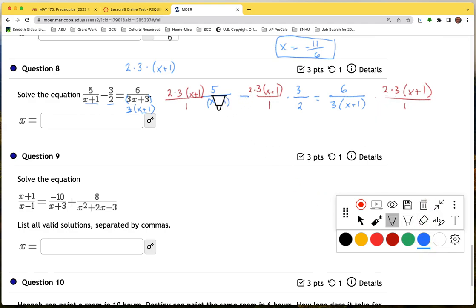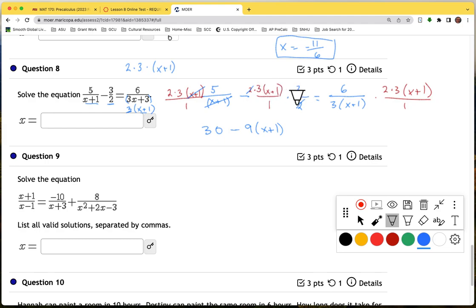Because when we multiply we get some canceling here. x plus 1 divided by x plus 1 is 1. We get 2 times 3, which is 6, times 5, which is 30. Here, the 2's are going to cancel, and we're left with 3 times 3, which is 9, times x plus 1.